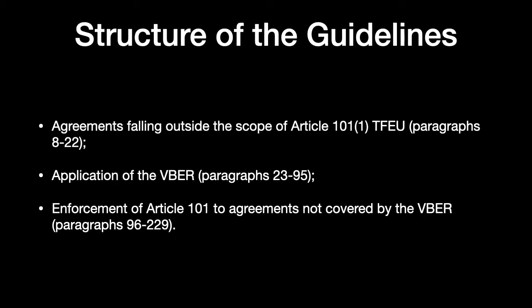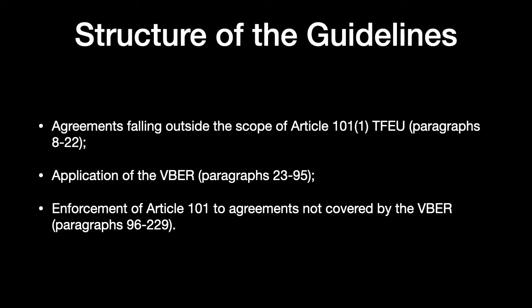Now, as we've seen, you will have many vertical agreements that either because they have hardcore restrictions or because they are entered into by parties that have more than a 30% market share, will need an individual case-by-case analysis. Now, the final section of the guidelines deals precisely with that. It sets out the principles for the enforcement of Article 101 to agreements not covered by the Vertical Block Exemption Regulation.